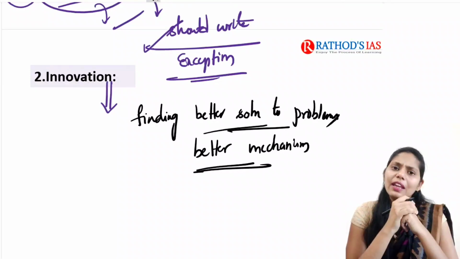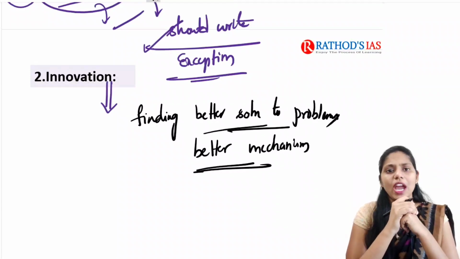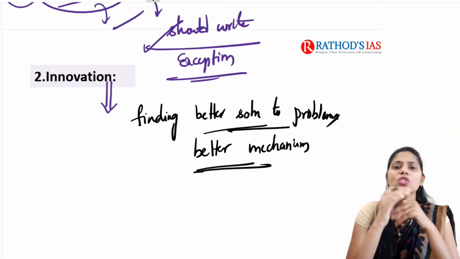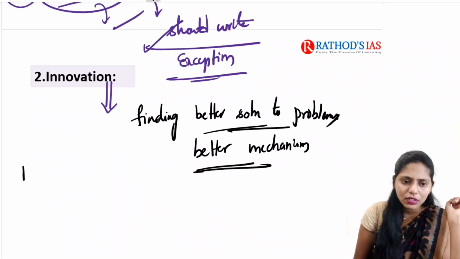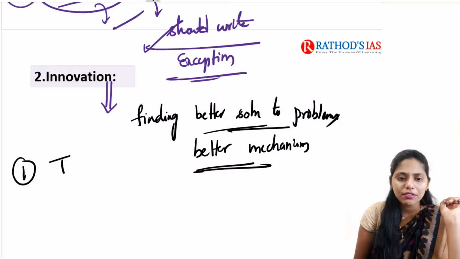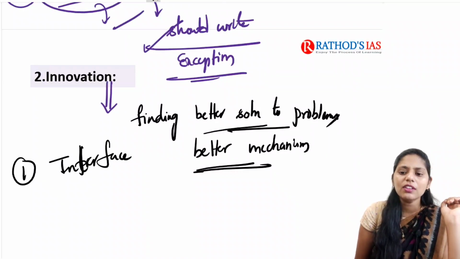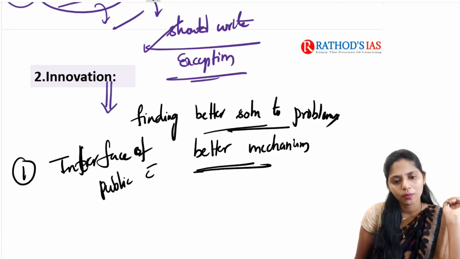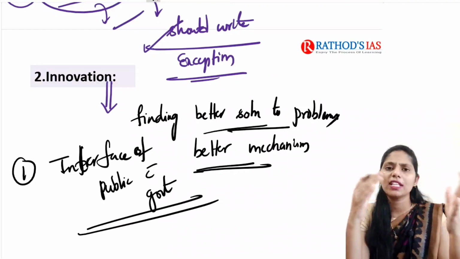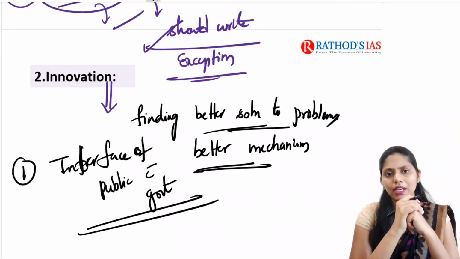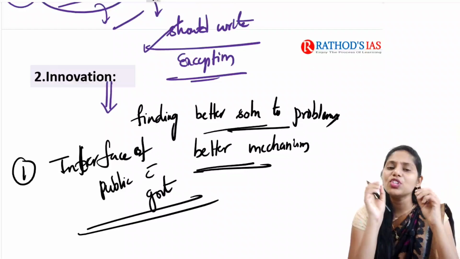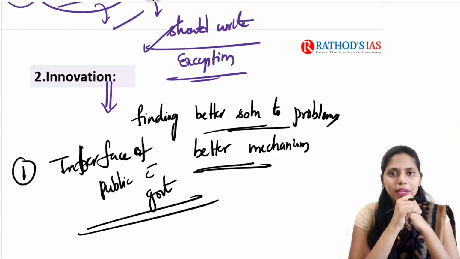So if we are talking about dimensions, yes, in innovation we have different dimensions. The first thing we can talk about here is the interface of public with government. For example, if there are any applications happening, at that time we should not put any hassles on the people.